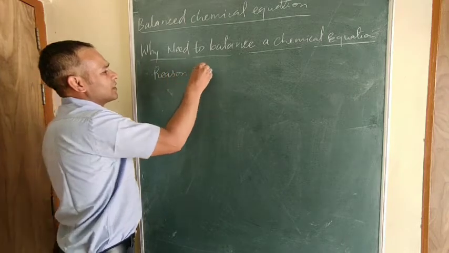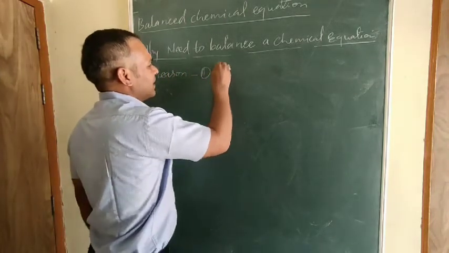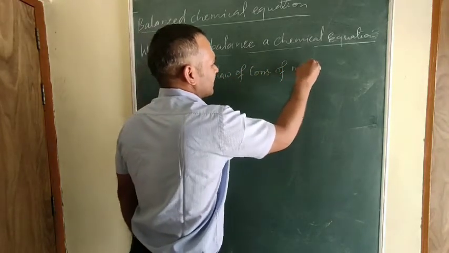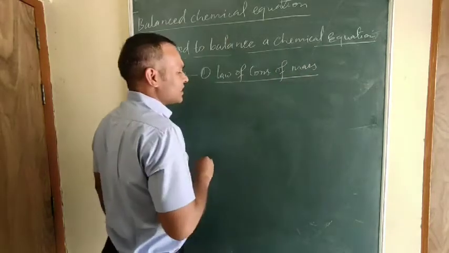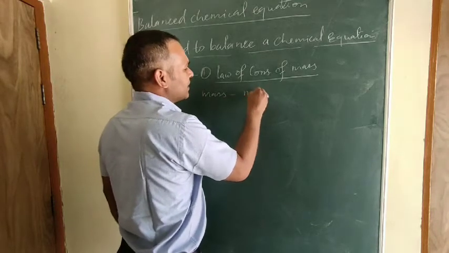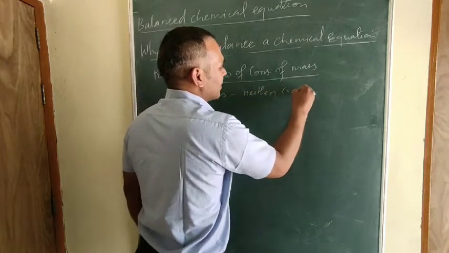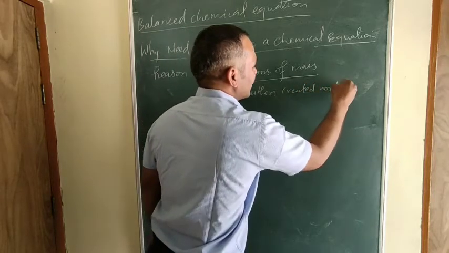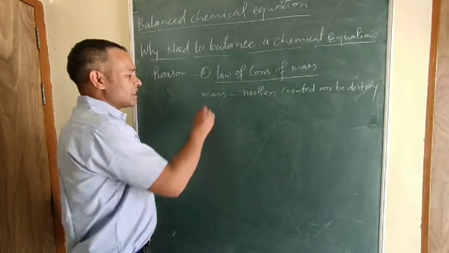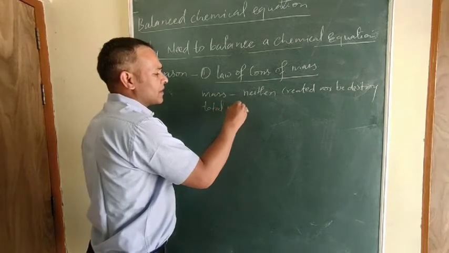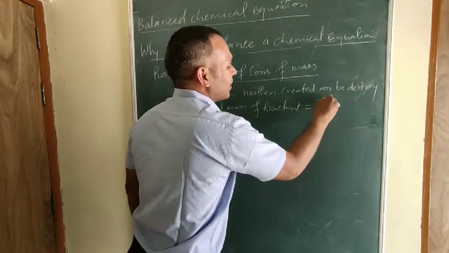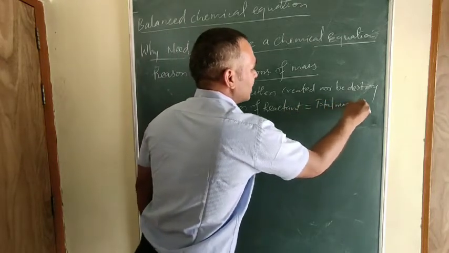The first one is, you have learned in class 9 the law of conservation of mass, which states that mass can neither be created nor be destroyed in a chemical reaction. That means the total mass of reactants must be equal to the total mass of the products.